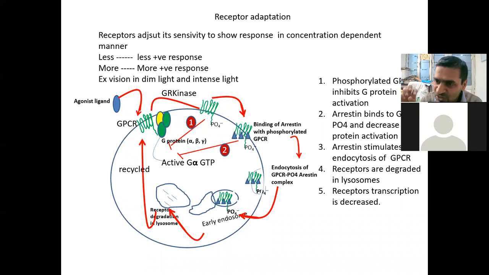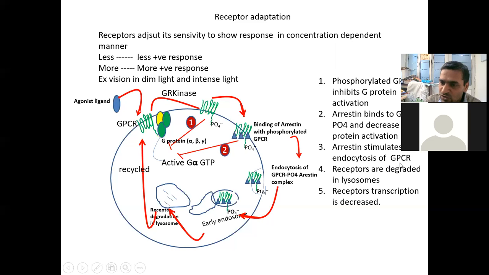It is not only the degradation of the receptors, but the receptor-arrestin complex and phosphorylated receptors, all of them are trying to inhibit the response of the ligand. How? By diminishing the activity of activated G protein. So activated G protein is inhibited both by the phosphorylated GPCRs as well as the arrestin-bound phosphorylated GPCR.